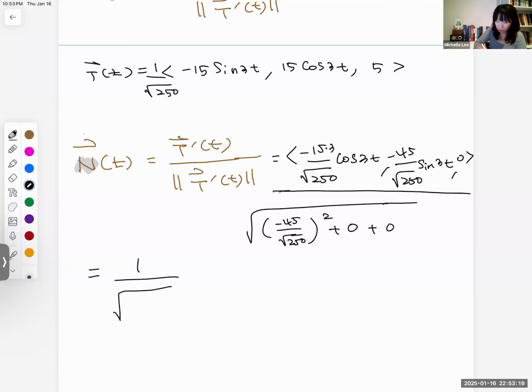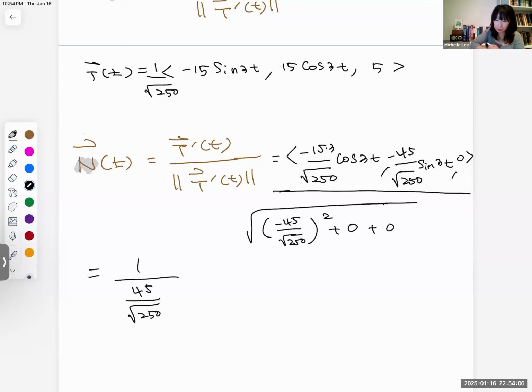Can you simplify? We don't have to calculate, right? Just itself means it's 45 over square root of 250.